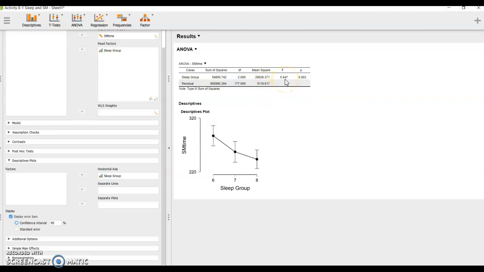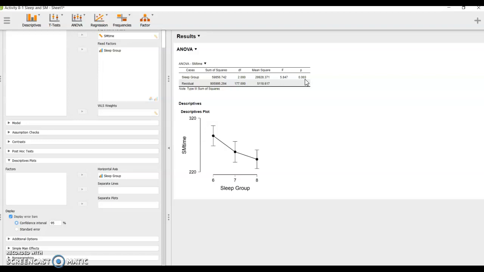So we get an F of 5.85 and then computed a p-value. And the p-value is the probability that you would get an F of 5.85 or greater if in fact the null hypothesis is true. Right? So that p of 0.003 tells us that it's very unlikely that that mean difference is just due to sampling error. Okay, so that's really unlikely.